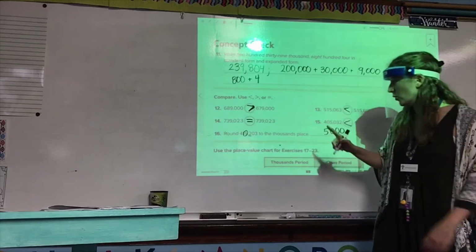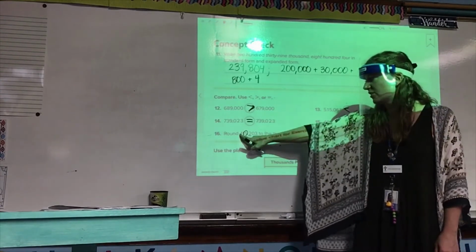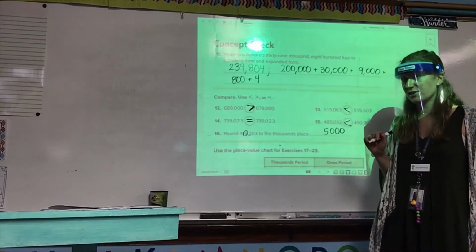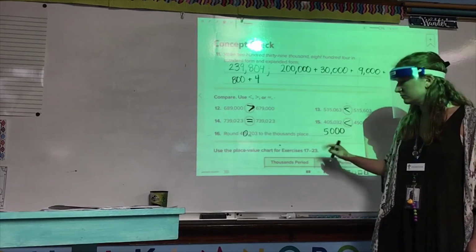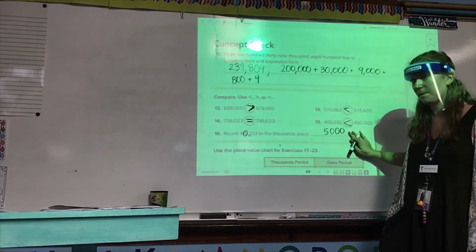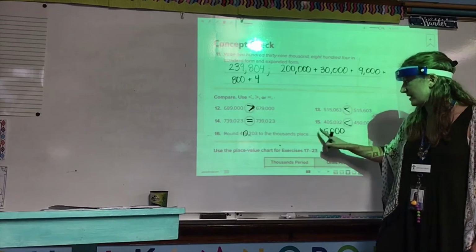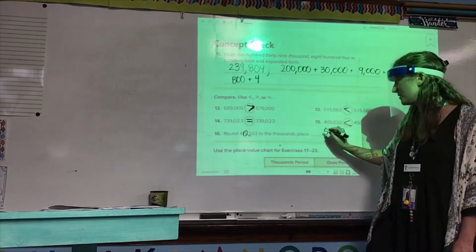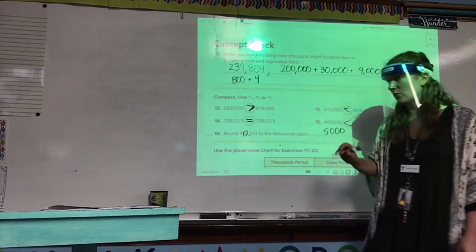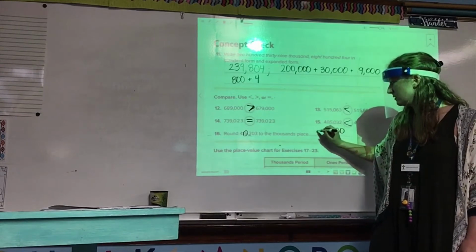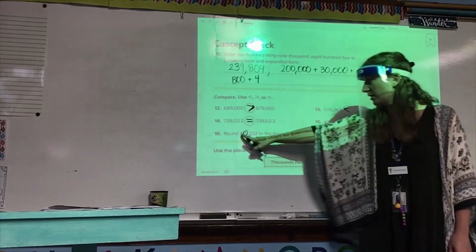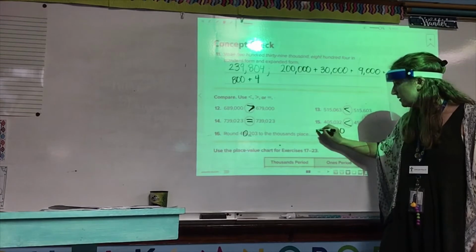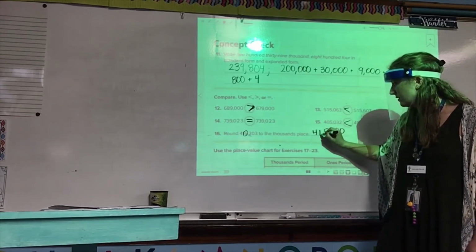No. So what do we have to do with those 2 digits before the circled digit? Write them. Do I write them on the right or on the left? On the left. So what digits do I have? Tell me in order. 4 and 1.